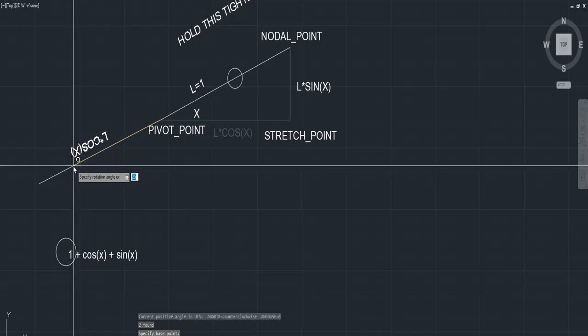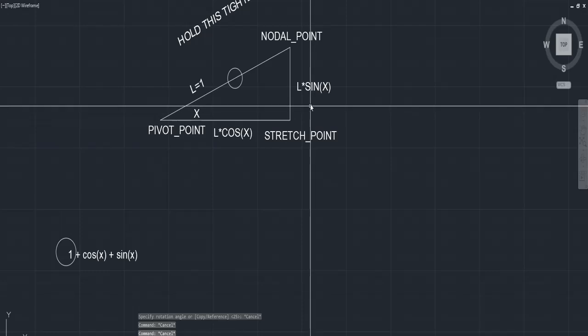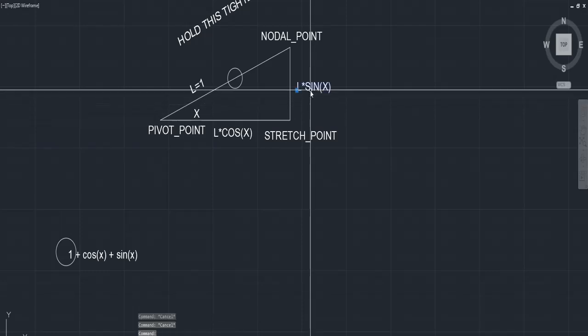So 1 and cos x should come together, and then sin x should come after that, remaining attached with cos x. How can we achieve that?